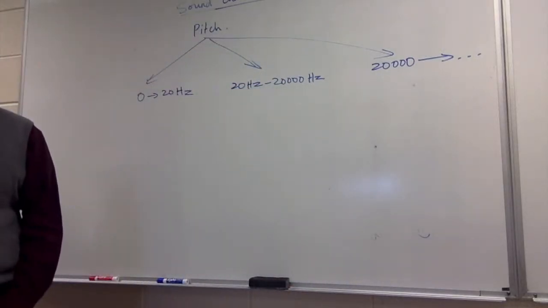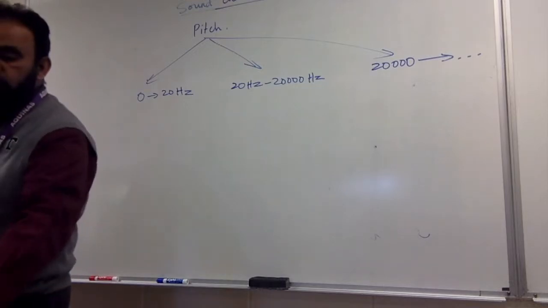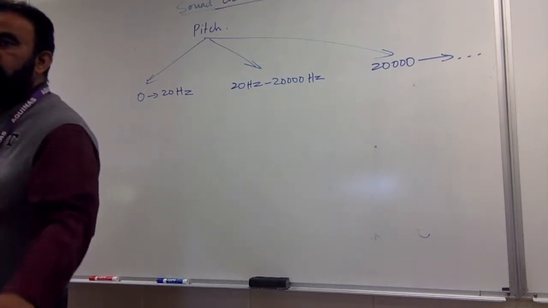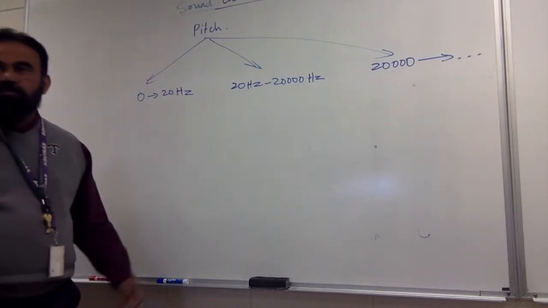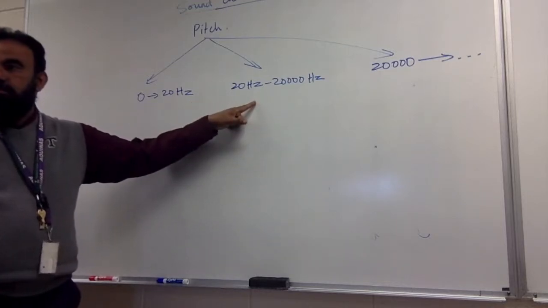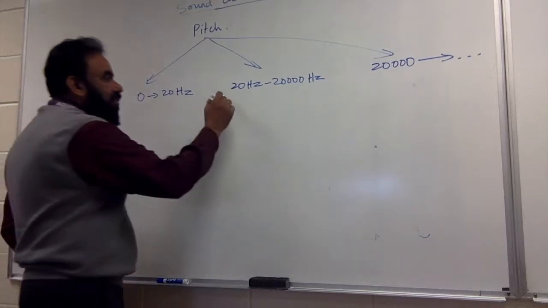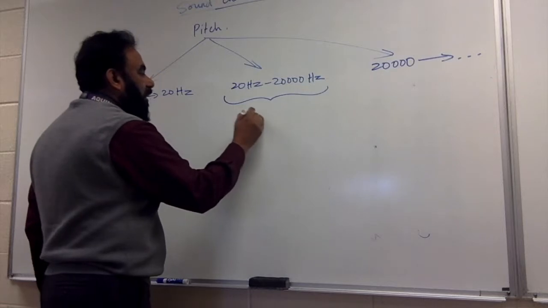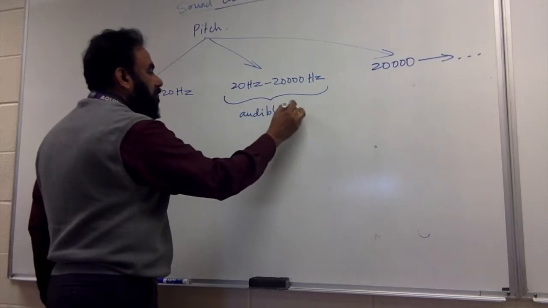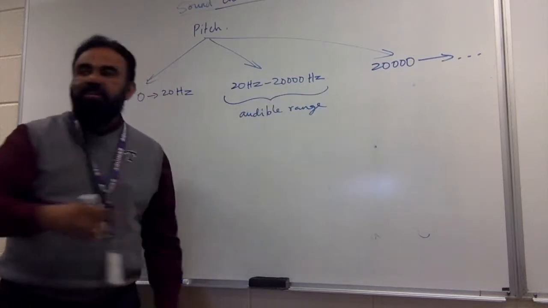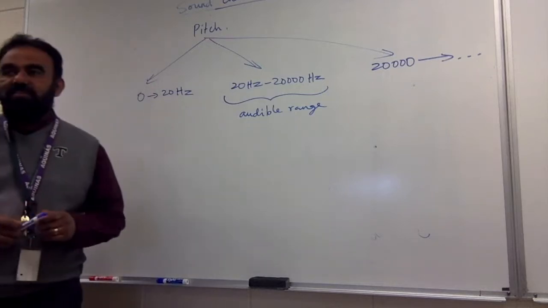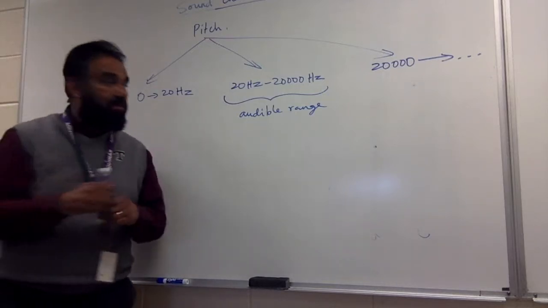The frequency of this tuning fork is 384. Where does it come under? In between 20 and 20,000. This is called the audible range. Anything between 20 hertz and 20,000 hertz is audible to humans.